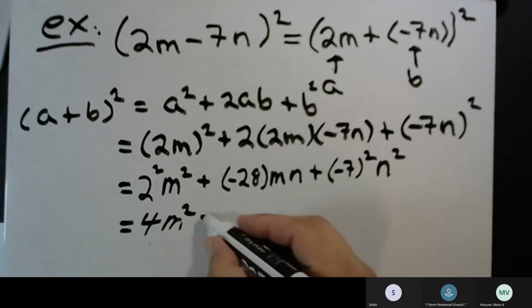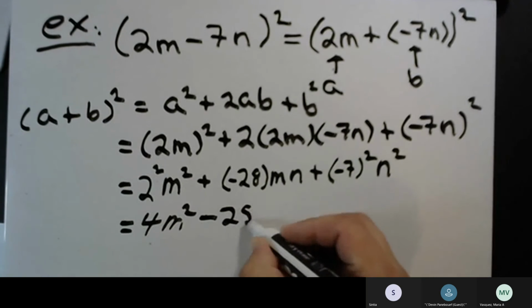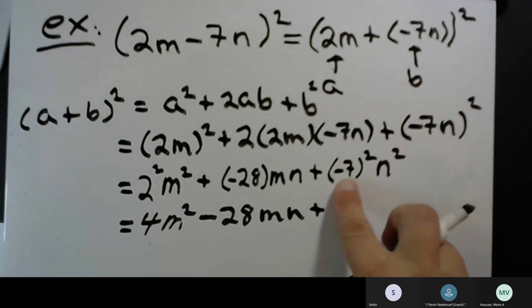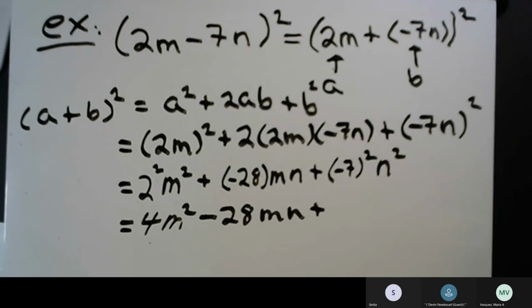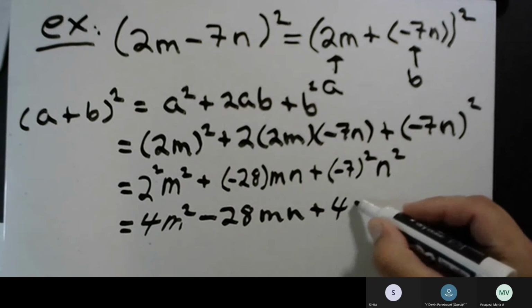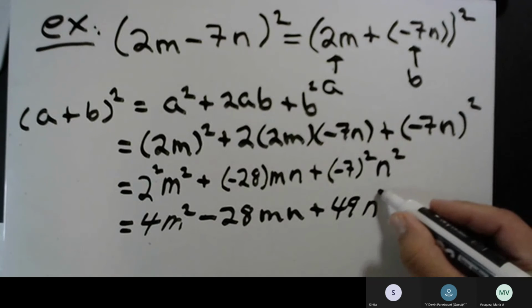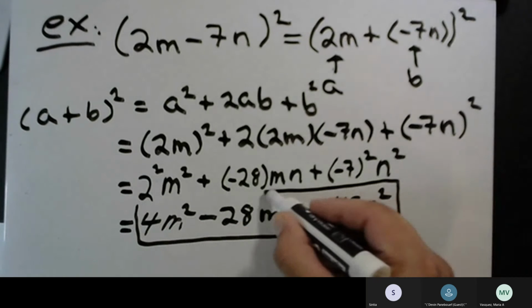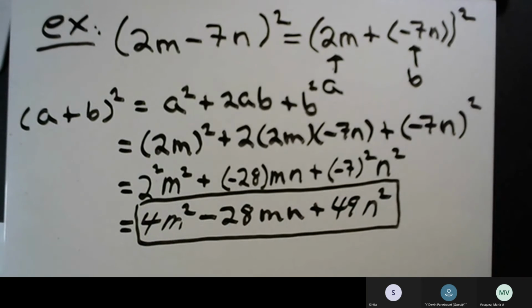Adding a negative, we're just going to turn it into a subtraction now. Minus 28mn, plus, now negative 7 squared. So that's negative 7 times negative 7, which is 49n squared. So questions about that?